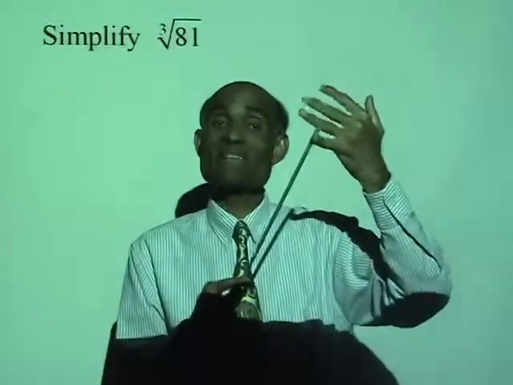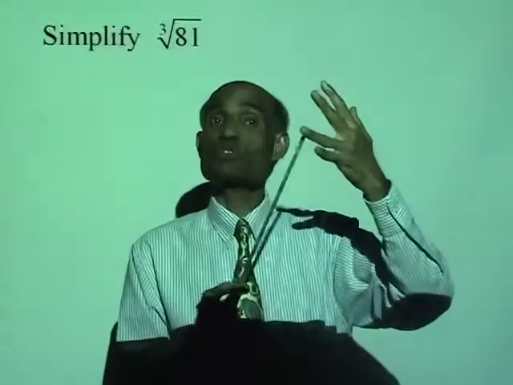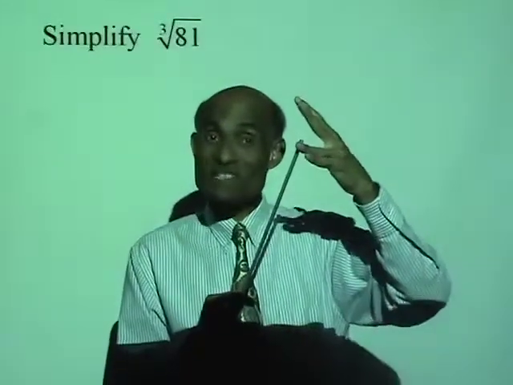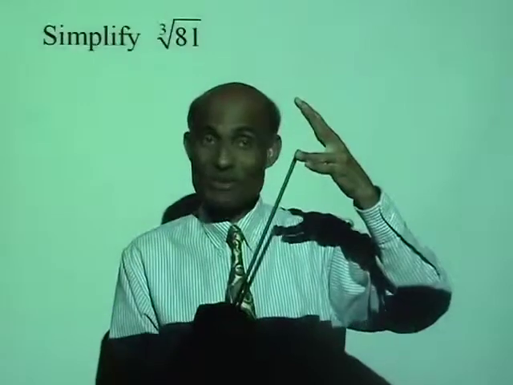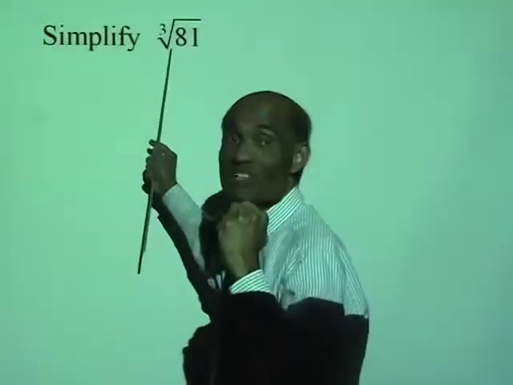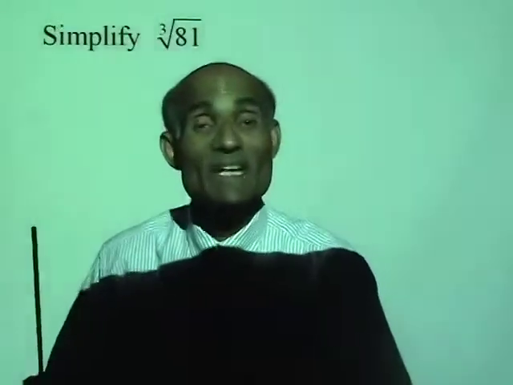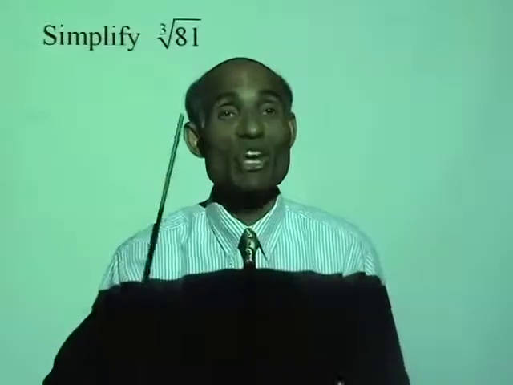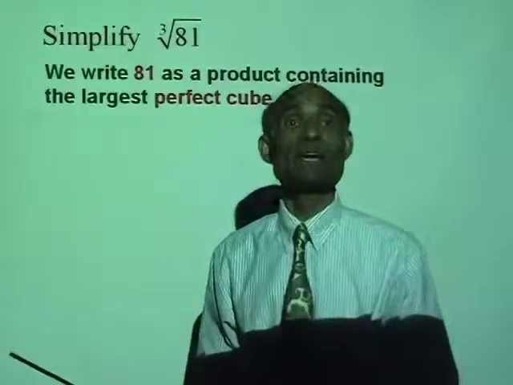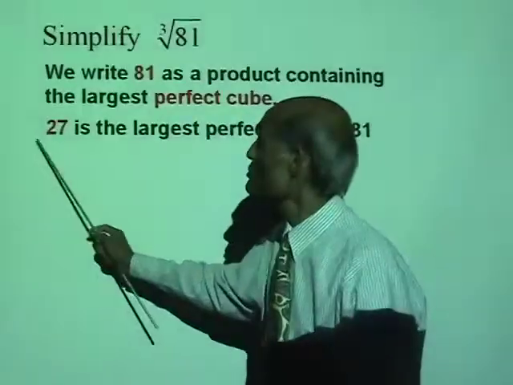2 cube is 8. 8 is the first perfect cube. 3 cube is 27. Is that right? Now, you know 27 times 3 is 81. So, 81 contains a perfect cube. The largest perfect cube in 81 is 27.